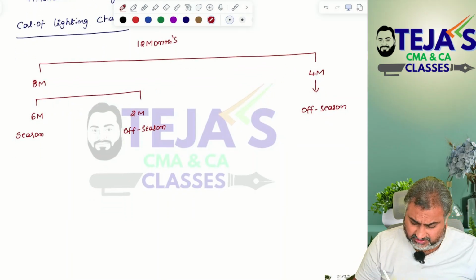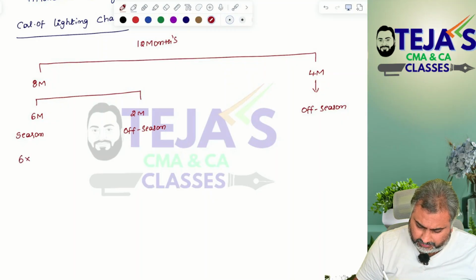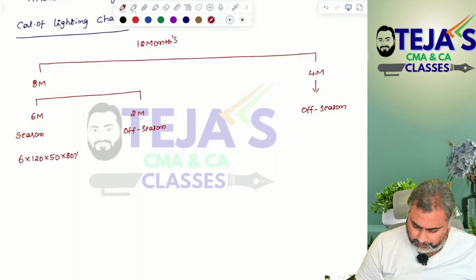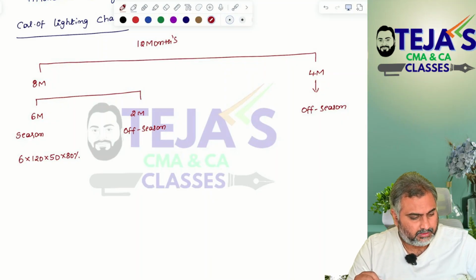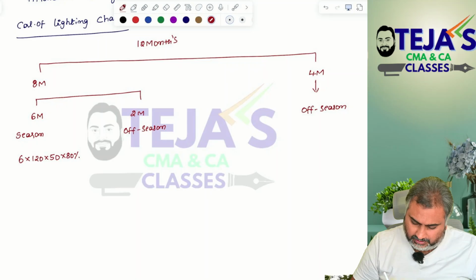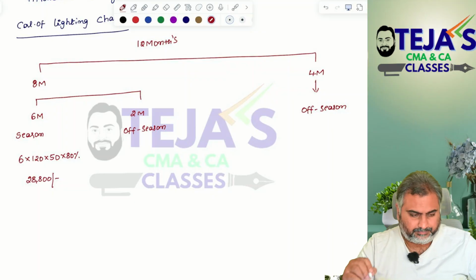Now 6 months into 120 into 50 rooms into occupancy 80%, that is equal to 28,800 rupees.